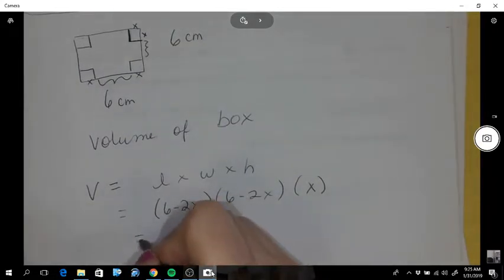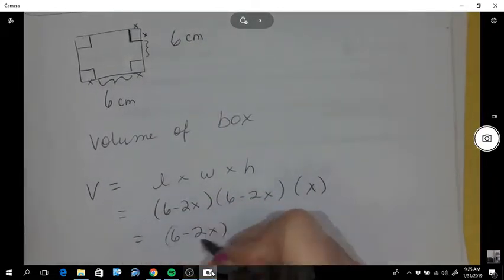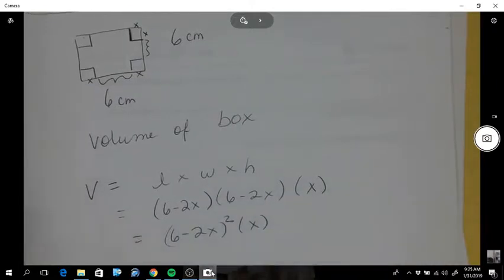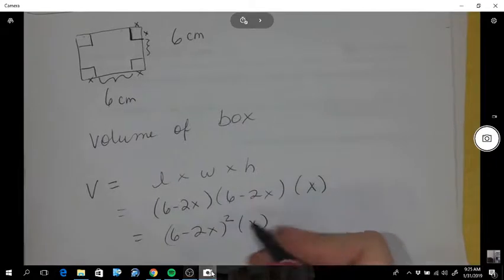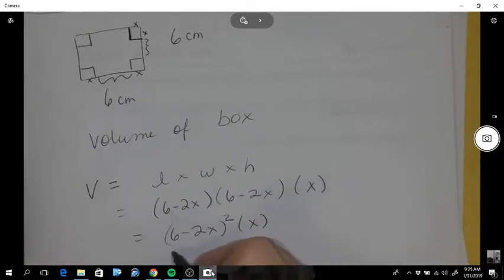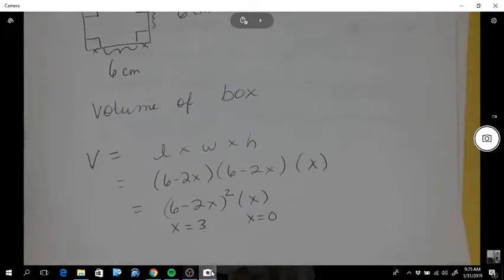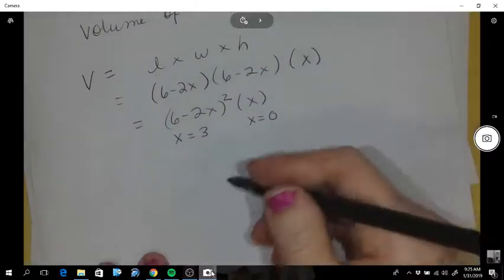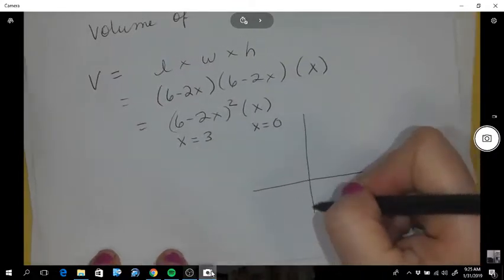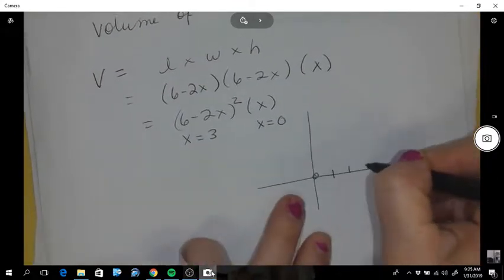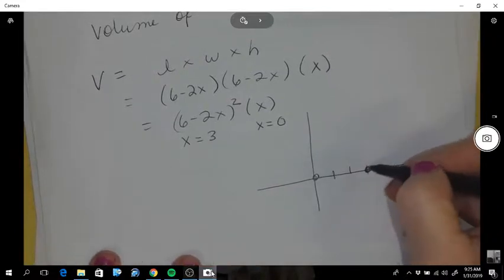Okay, or you could rewrite this as 6 minus 2x squared times x. Okay, so the zeros, here your 0 is 3, and here your 0 is 0. So graphing this, okay, we know we have a bounce off of that one.